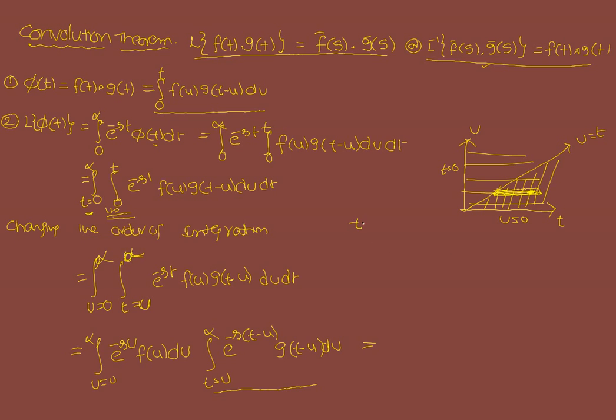Therefore t minus u is equal to v, so dt is equal to dv.